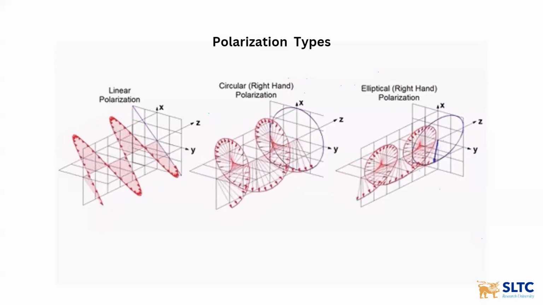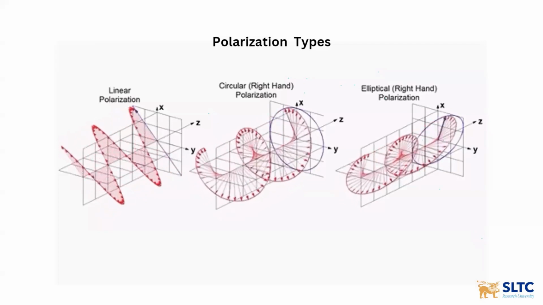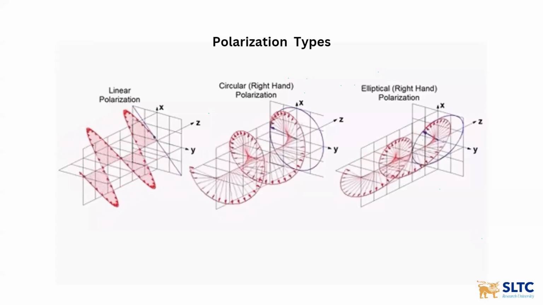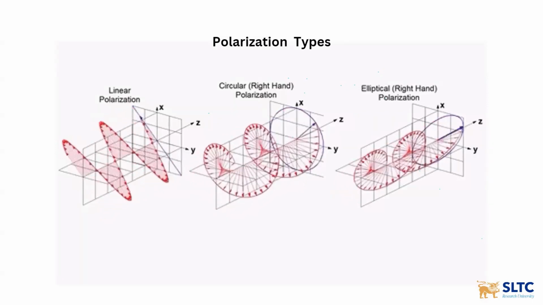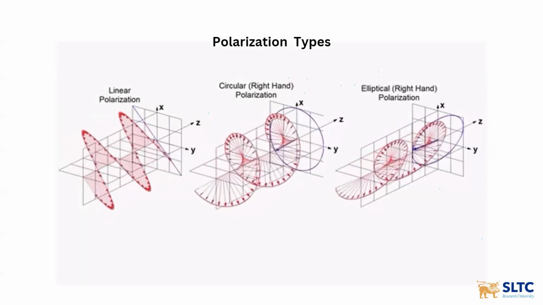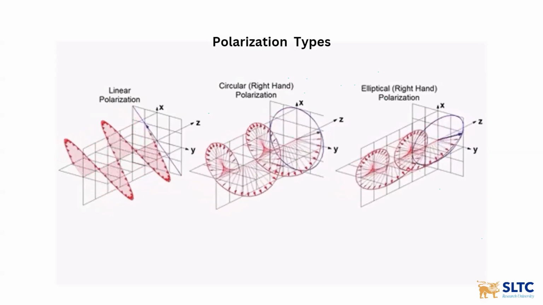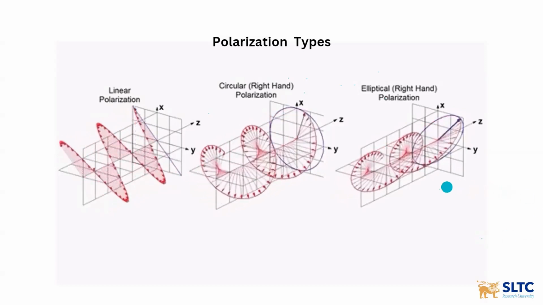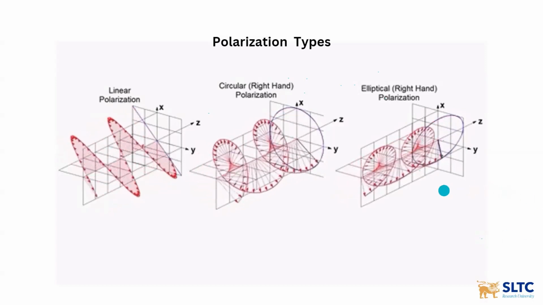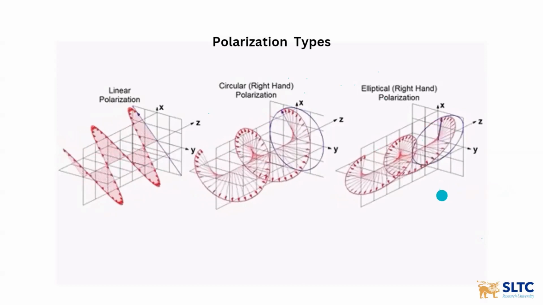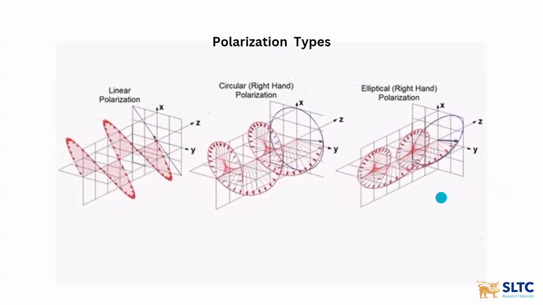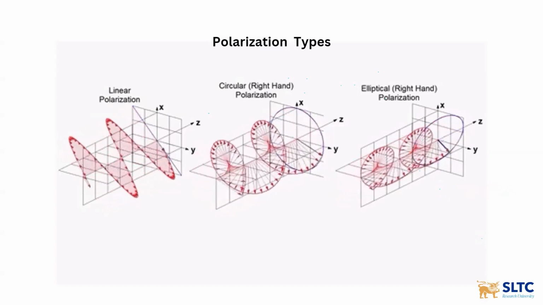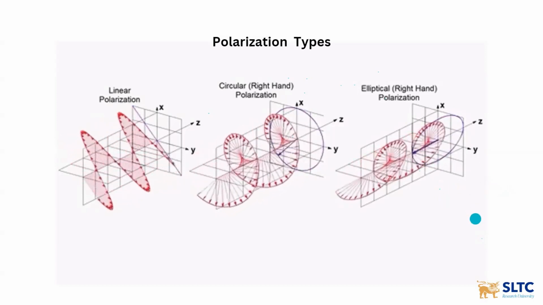But if the electric field is changing its direction according to a circle, following a circle as it propagates, we call that circular polarization. And if the electric field is following an ellipse when it's propagating, we call that elliptical polarization.